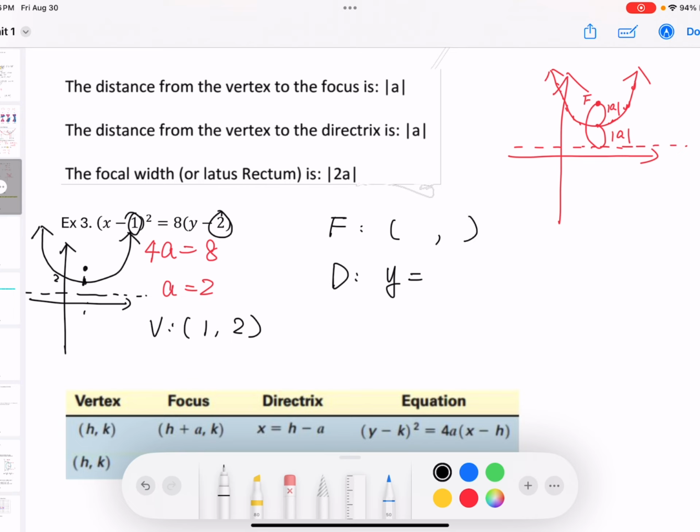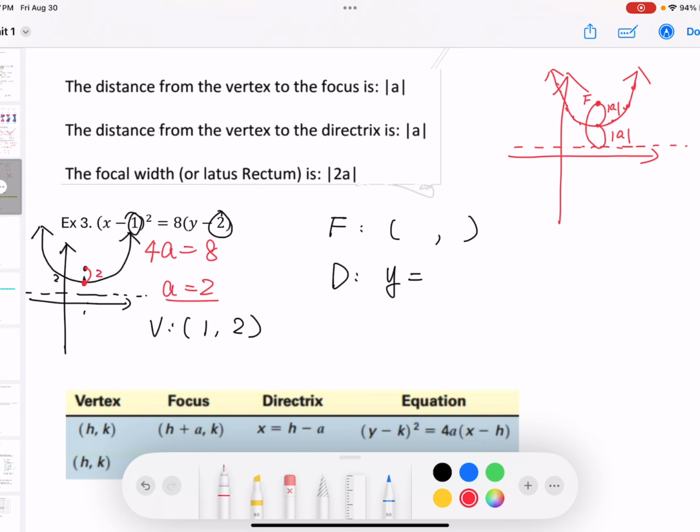Okay, let's see the vertex and the focus. Our parabola always hugs our focus and is opposite to the directrix. So the focus is on the top of my vertex, and the distance from here to here is 2, which is a.